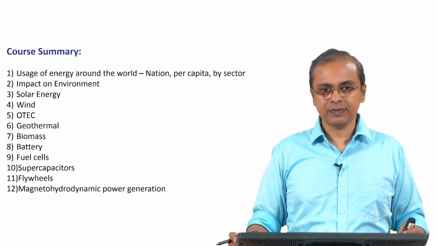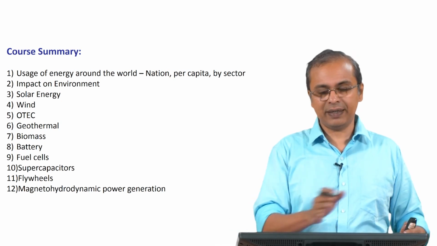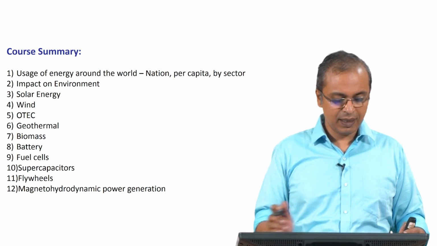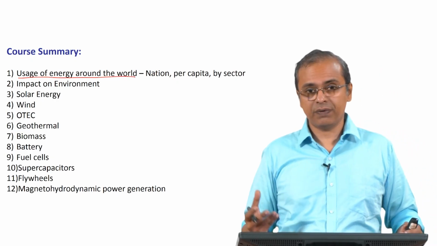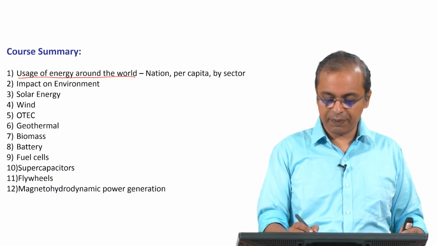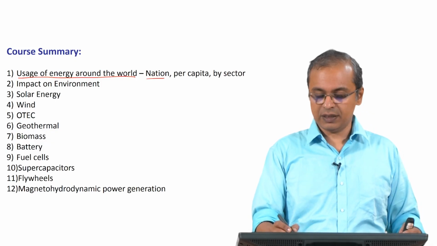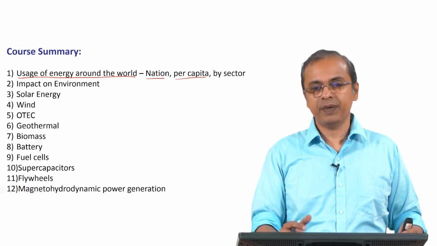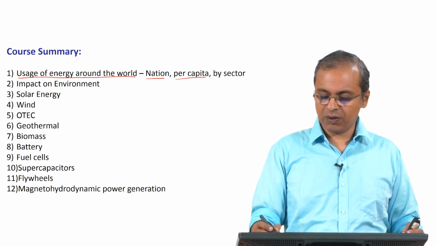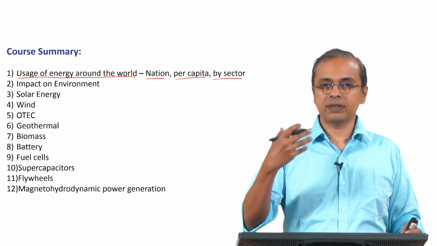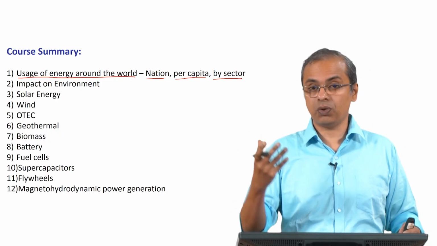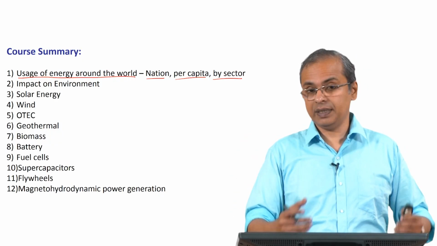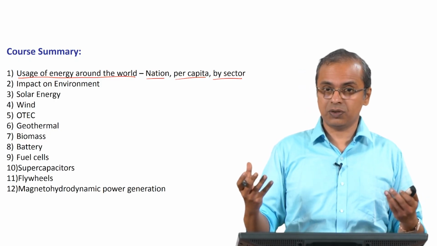So, we started off with some initial introduction where we looked at the usage of energy around the world, in particular we looked in great detail at how it varies from nation to nation, how it varies per capita from nation to nation, and also how it varies by sector. So, how does the industrial sector use energy, how does the residential sector use energy, how does the automotive sector use energy, which nations use energy more, which nations use energy less.